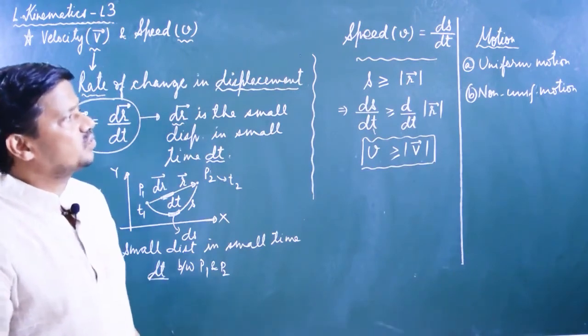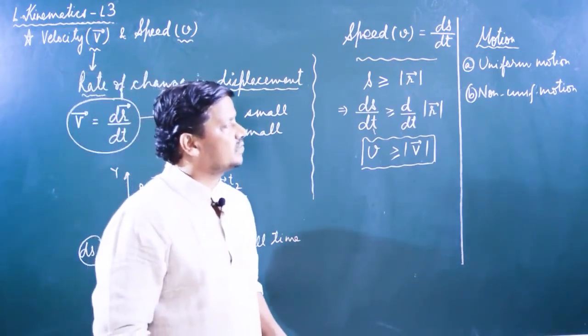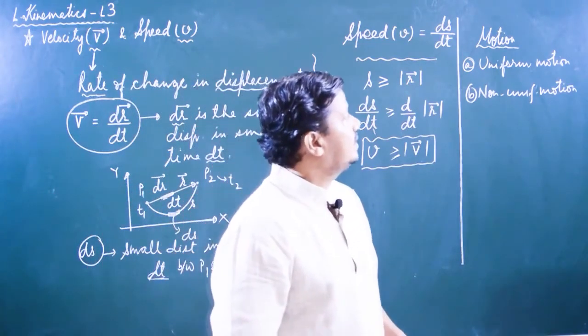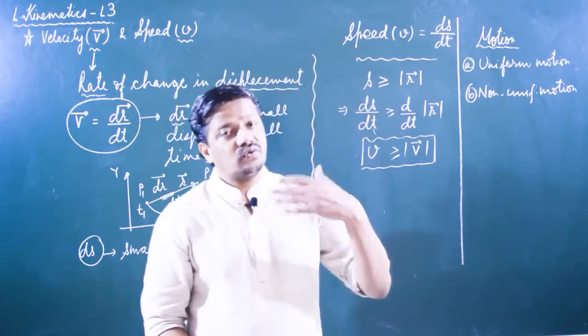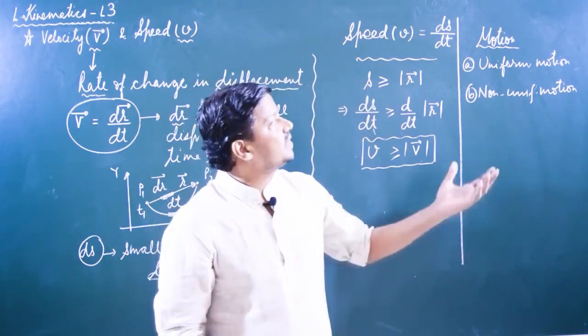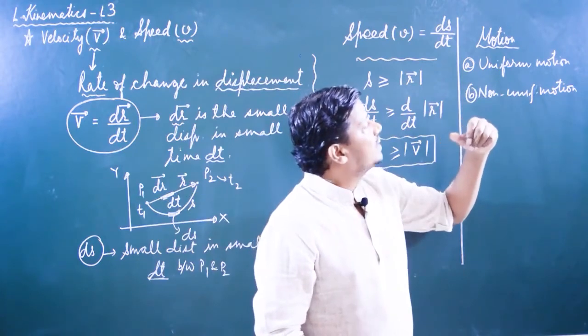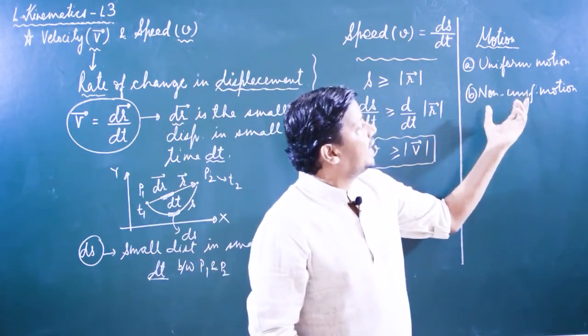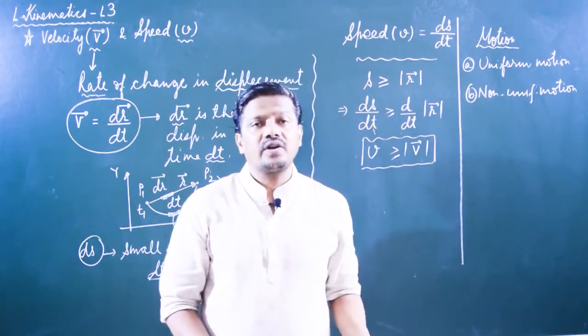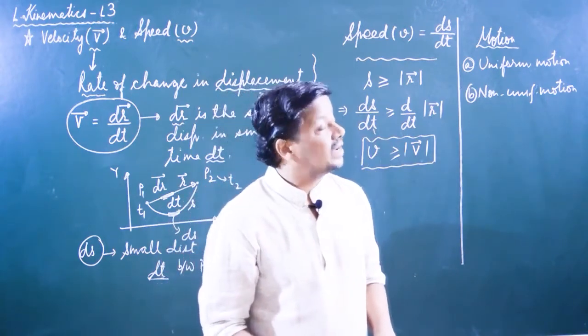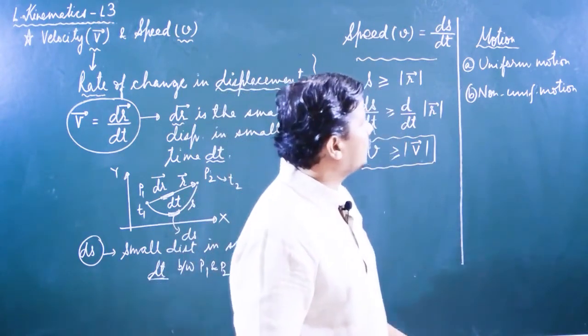So we have two types of motion, one is uniform and the other one is non-uniform. If a particle covers equal distance in equal intervals of time, then the motion is what? Uniform. While if the particle covers unequal distance in equal intervals of time, then the motion will be called what? Non-uniform.